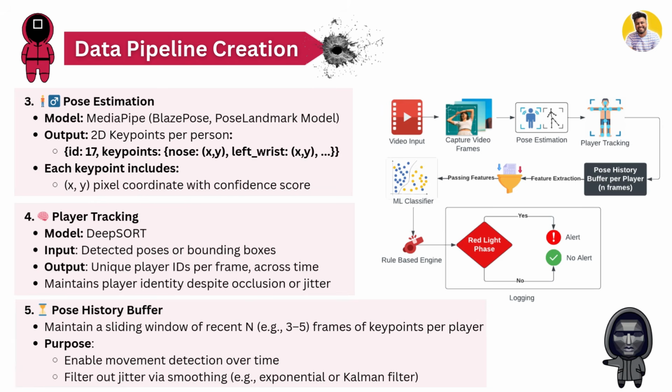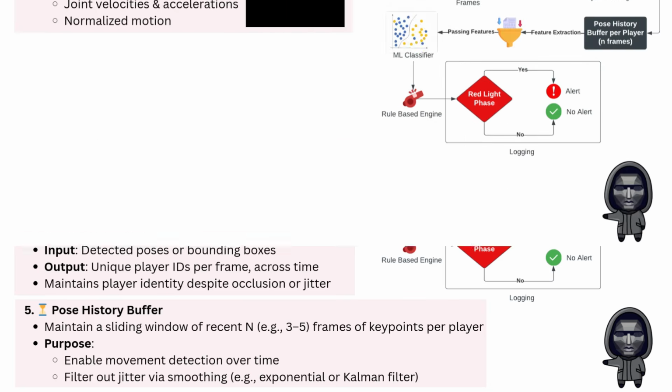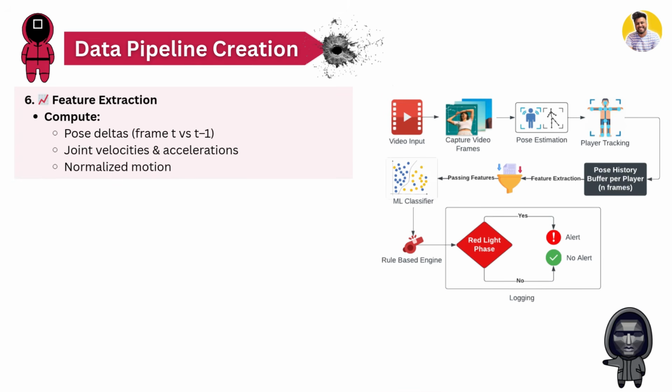That means during the red light time only, because it enables detection over time and filters out the jitter via smoothing or multiple other techniques that we can discuss further. Okay, so that's how you build these kinds of features only while the light is red.